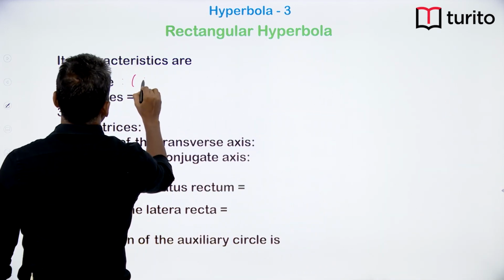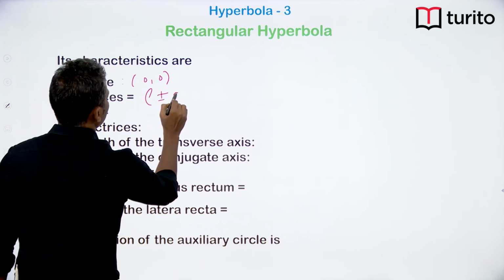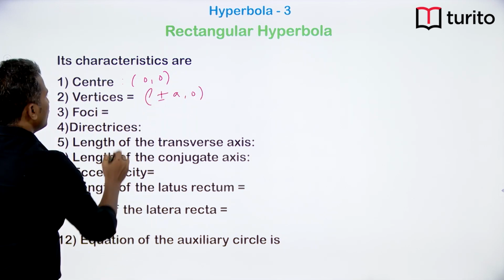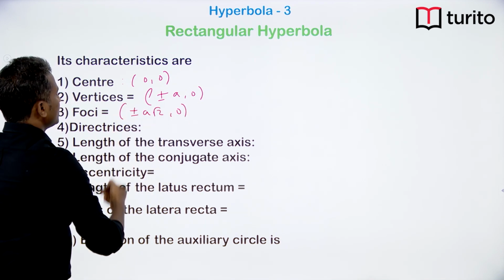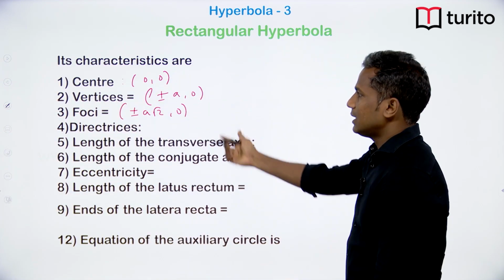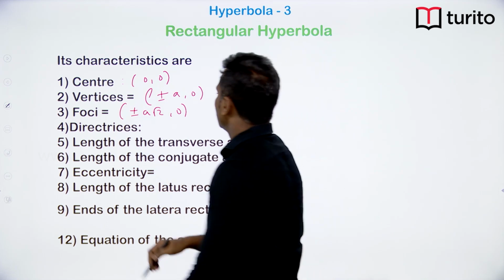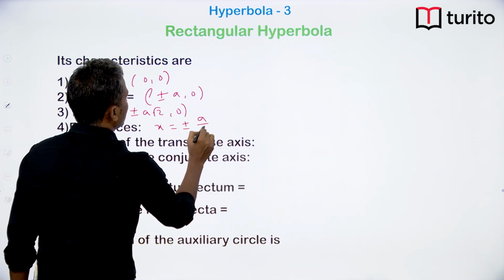Now, the center of this is going to be 0, 0. Vertices are going to be plus minus a comma 0. Foci are going to be plus minus a root 2 comma 0, because we know that the foci are plus minus ae. And the directrices: x equal to plus minus a by root 2.